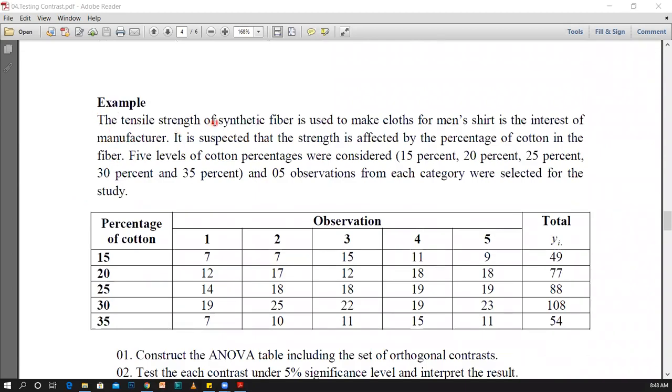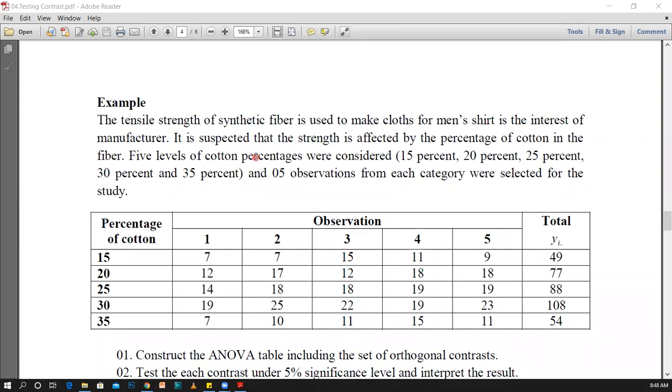Here, the tensile strength of a synthetic fiber used to make clothes for men's shirts is of interest to the manufacturer. It is suspected that the strength is affected by the percentage of cotton in the fiber.